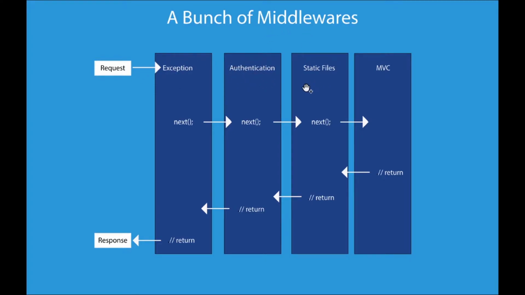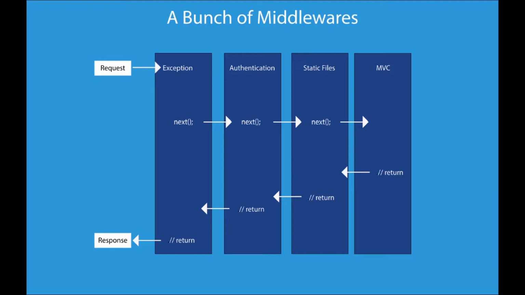This middleware is responsible for serving static files, and this middleware is responsible for handling MVC related code. So each middleware has a very specific task, and this is a pipeline. As you can see, this is the app pipeline, and in a similar fashion, the request comes in, hits the first middleware, passes on to the next, and the response comes back in the similar fashion. All right, so let's move on.